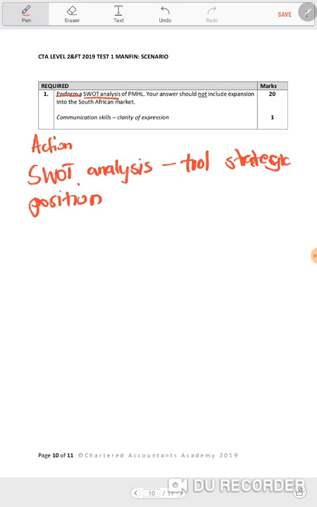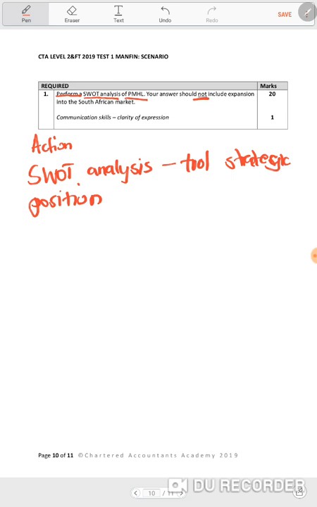As PMHL, what is their current strategic position? So PMHL was the entity that we were given in the scenario that we were supposed to analyze using SWOT analysis. And it further says your answer should not include expansion into the South African market.